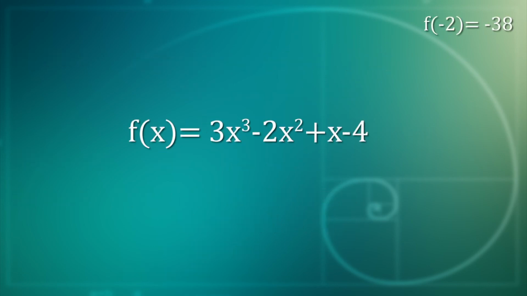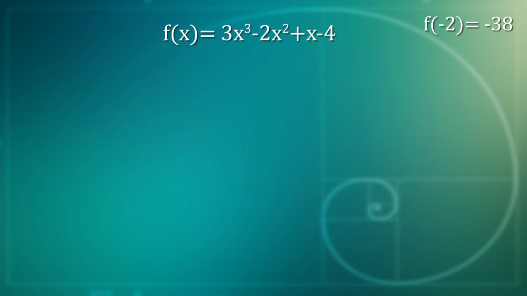To find the value of f dash of minus 2, first we need to find f dash x and then substitute x equal to minus 2. Using the derivative formula for the general polynomial, we will calculate the first order derivative of f(x).